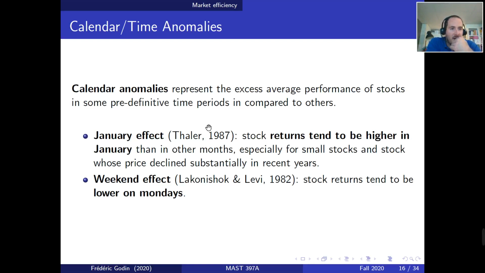So if you sell a stock before December 31st, it's treated differently than if you buy or sell it after January 1st. So this might explain why in January there's a different behavior for the price of stocks. This might be due to tax effects.